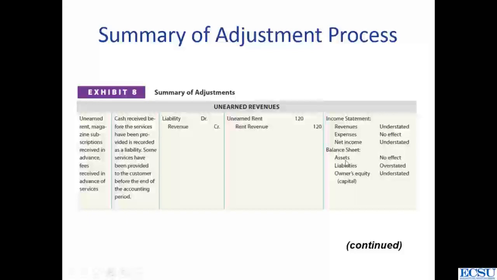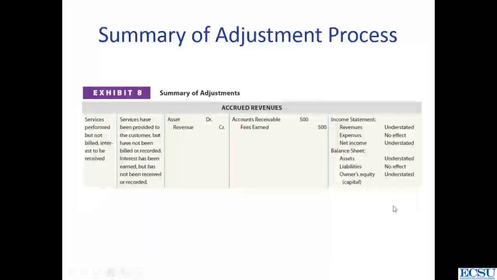And on the balance sheet, assets have no effect because there is no asset account involved, but liability would have been overstated because you won't reduce that amount. And owner's equity, as I said to you, is directly related to the net income. So therefore, since net income was understated, owner's equity will also be understated.